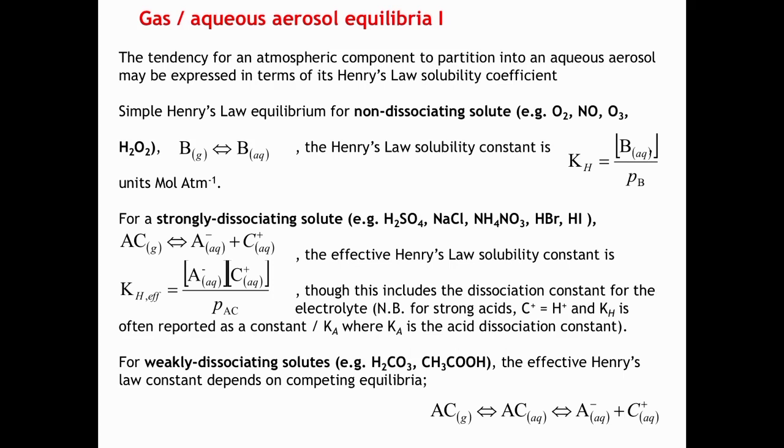If you increase the amount in the gas and it still has the same solubility, then you increase the amount in the liquid phase. So it's just a very simple relationship that defines the Henry's law solubility: how much you have in an aqueous solution for every amount of gas that you have in the gas phase.